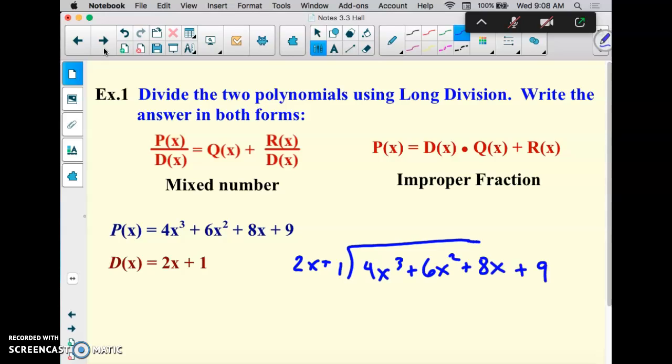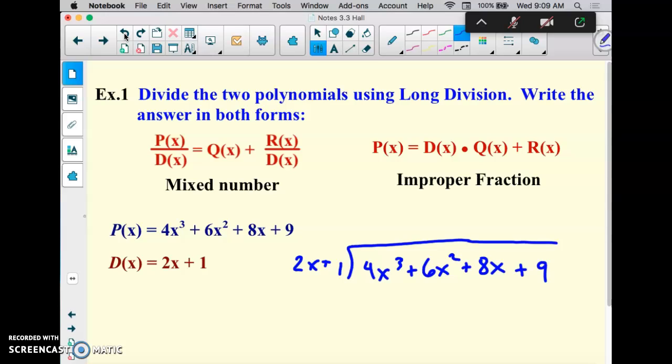If you're missing one of those exponents counting down, you have to put a 0 in its place. If I didn't have an x squared term here, I'd have to put a 0 there to cover that space.